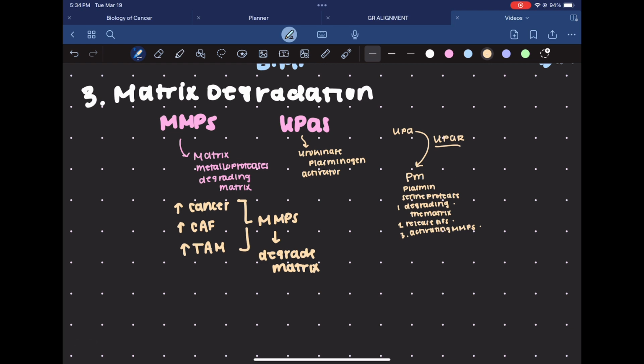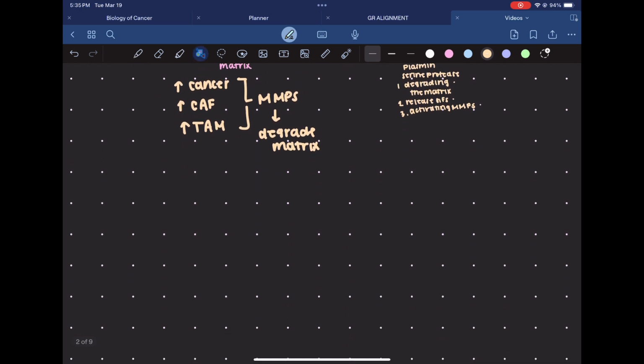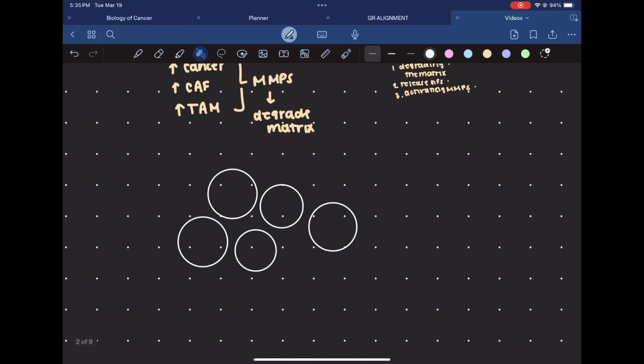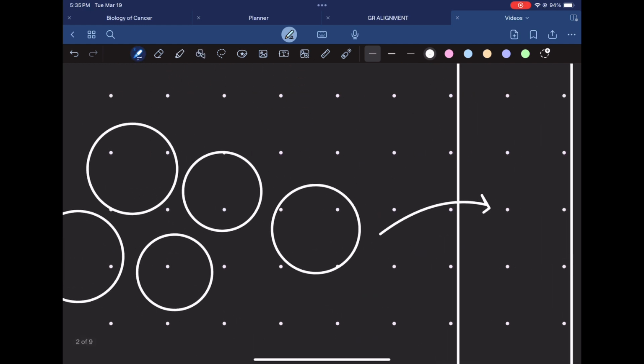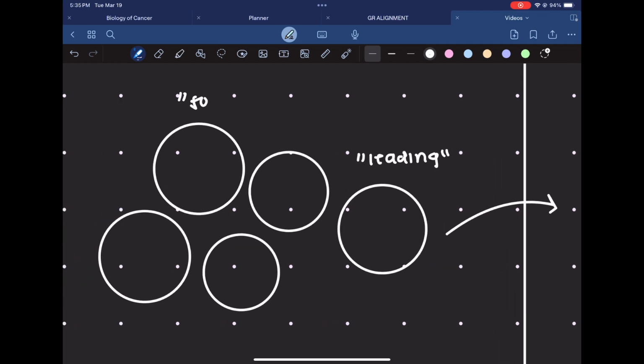As our cancer cell moves along through the matrix, one important thing to note is if we have a group of cancer cells, let's say that our blood vessel is over here, and our cancer cell is trying to access that blood vessel, what we're going to see is that our leading cells are going to have slightly different integrins as compared to our following cancer cells.